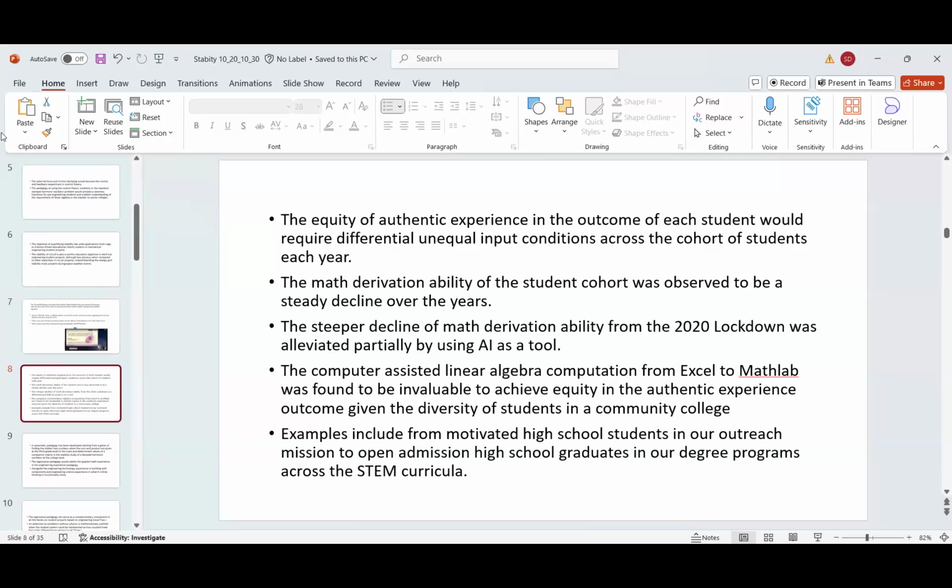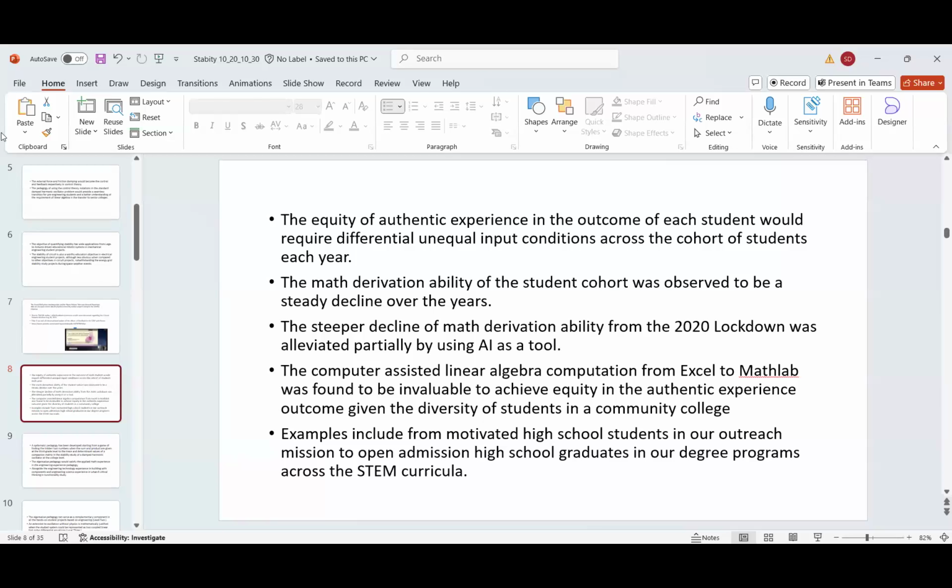The equity of authentic experience in the outcome of each student requires differential, unequal input conditions across the cohort of students each year. Math derivation ability of the student cohort was observed to steadily decline over the years. The steep decline of math derivation ability from the 2020 lockdown was alleviated partially by using artificial intelligence as a tool.